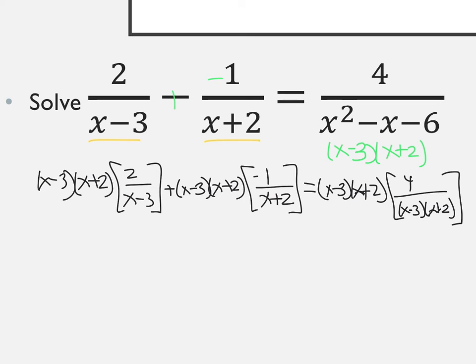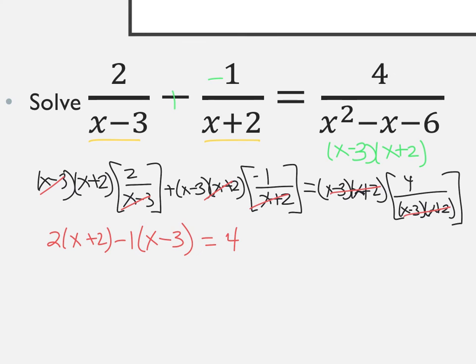Okay, so once we do that, we're ready to start reducing the fractions. On the far left, the x minus 3's will cancel, and we're left with 2 times x plus 2. In the middle, the x plus 2's will cancel, and we're left with minus 1 times x minus 3. And on the far right, the x minus 3, x plus 2's cancel, and we're just left with 4.